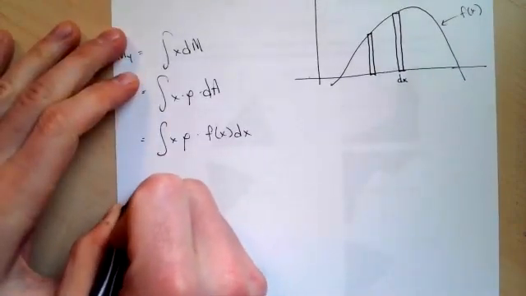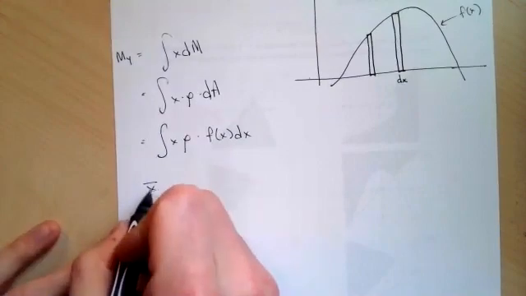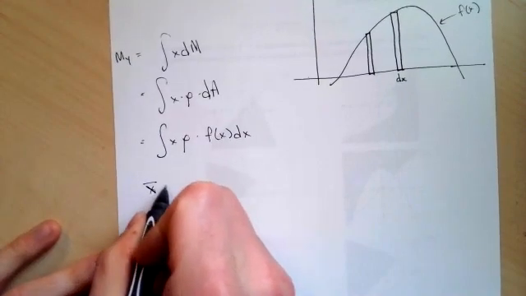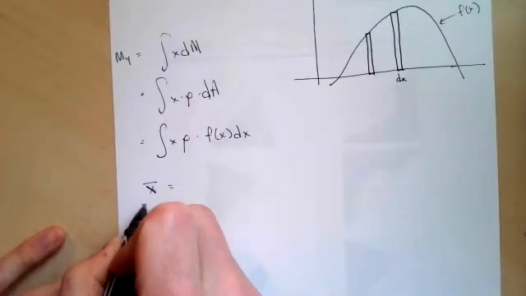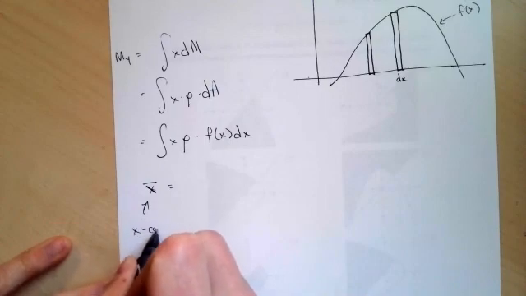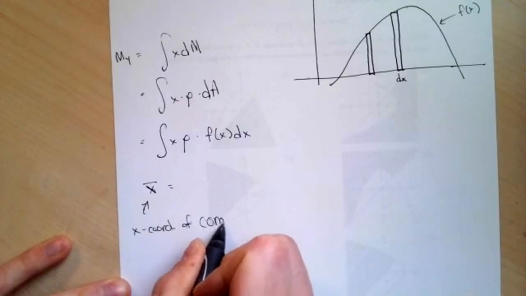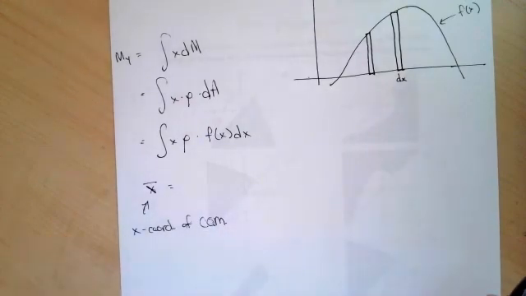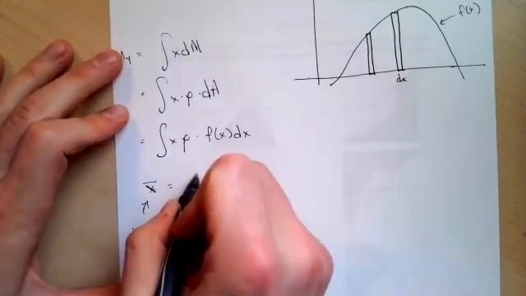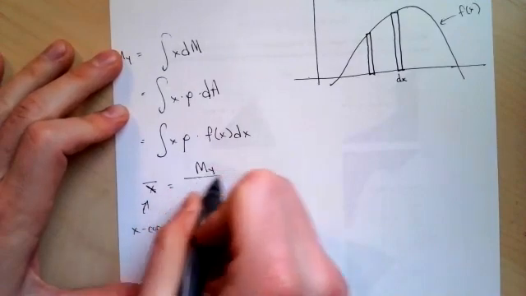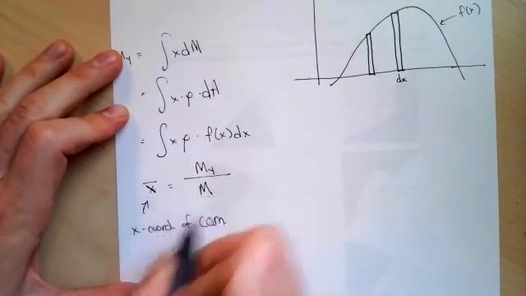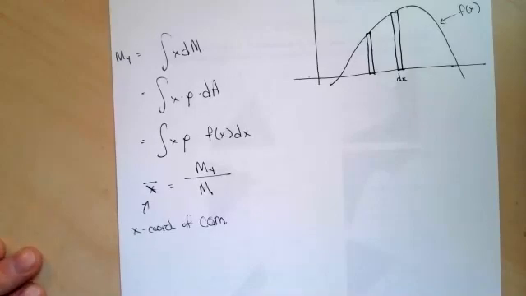The x-coordinate of the center of mass is then just going to be the moment about the y-axis divided by the total mass.